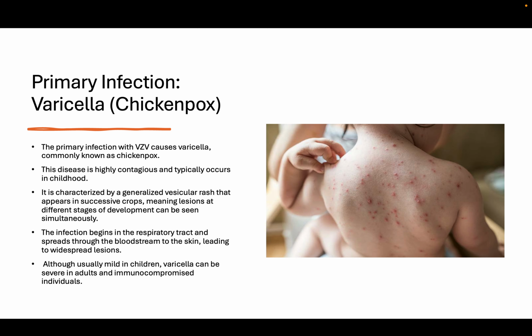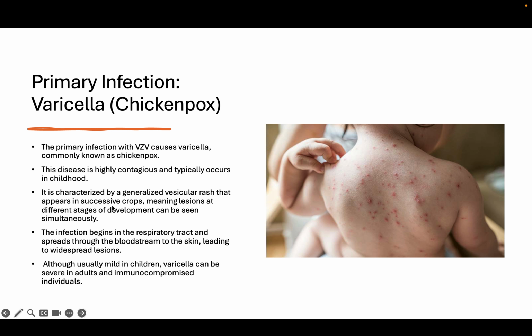The first time you get infected with VZV, you get varicella, chickenpox. We know this is a very contagious disease, typically occurring during childhood. The virus gets into our blood, which then lets it go into our skin, and they create this vesicular rash with little vesicles.